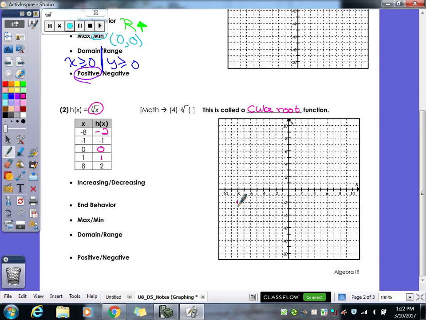It's -8, -2. This graph would have arrows on both ends of it. We got to remember to label it h of x equals the cube root of x.